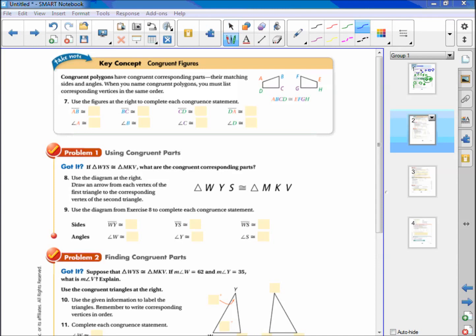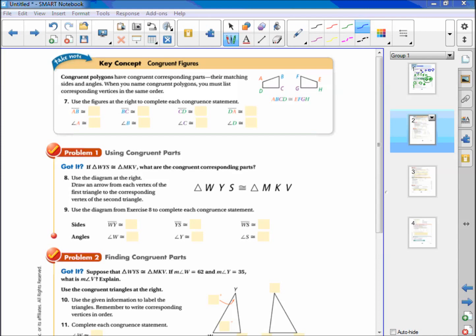All right, on our second page, we have a key concept here, congruent figures. So congruent polygons have congruent corresponding parts. That means their matching sides and angles have the same measure and the same length. So when you name congruent polygons, you must list the corresponding vertices in the same order so that we don't get mixed up, okay?